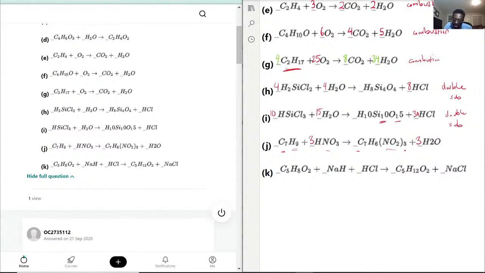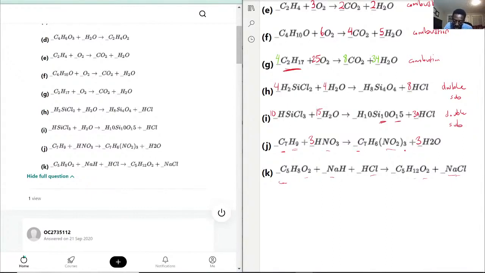Let's see what we have here. We have only 1 sodium, so we don't have to change anything. 1 chloride, it looks like, but C5H8O2. We have only 1 O2. So what changed? H8. So that's 8 plus 9 plus 10 went to 12.